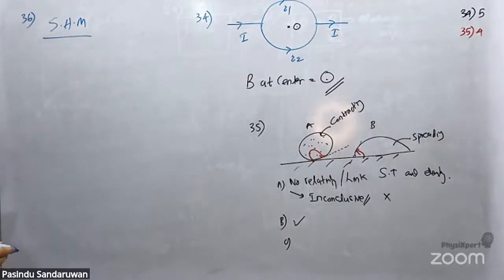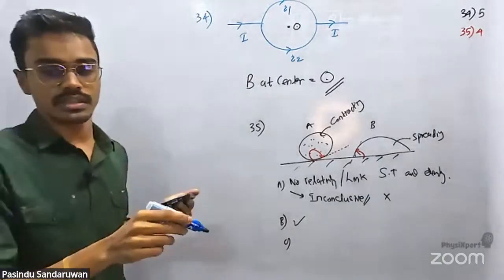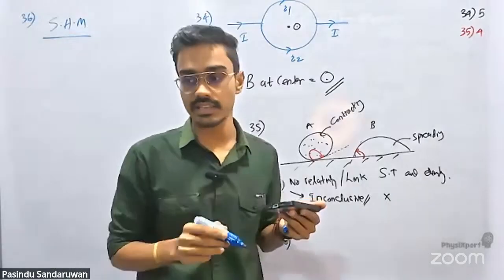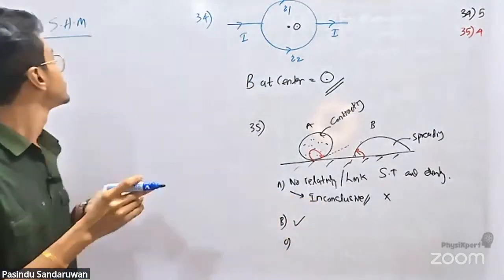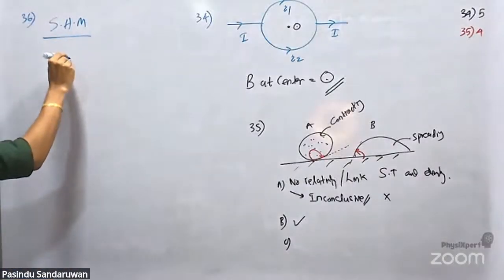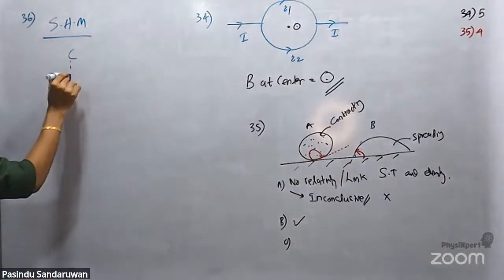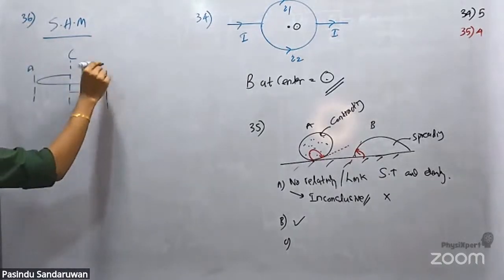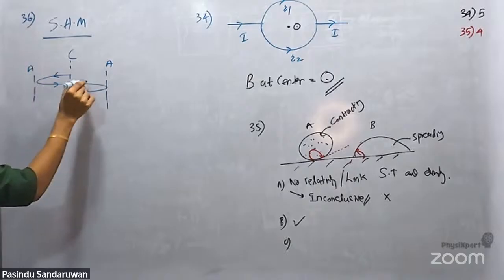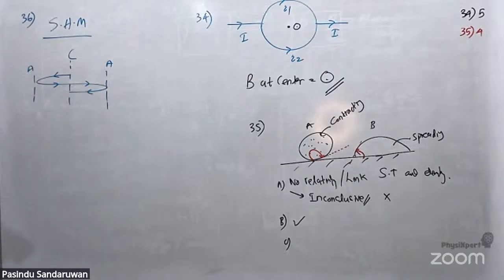We will be starting simple harmonic motion next week for 2026 theory. For a simple harmonic motion, if this is the center, there are two amplitudes with a single center. Something like this is a simple harmonic motion.